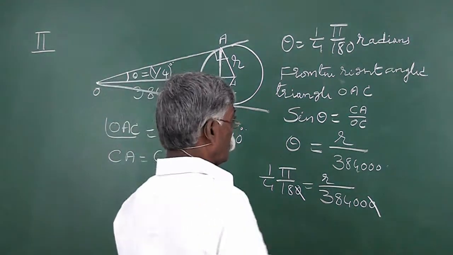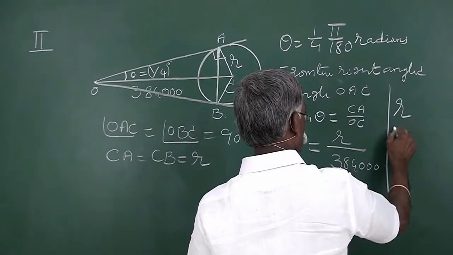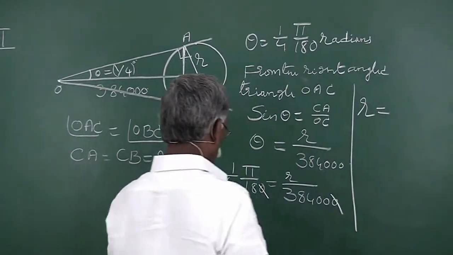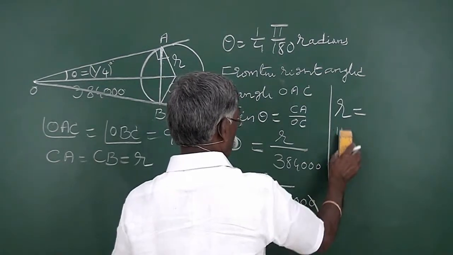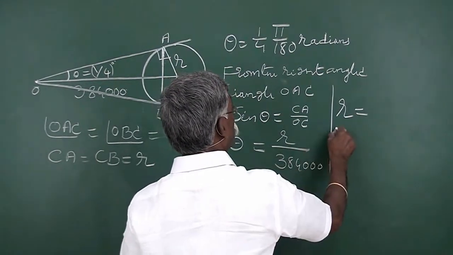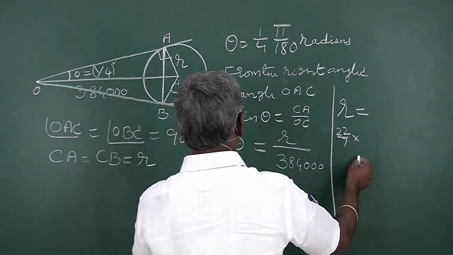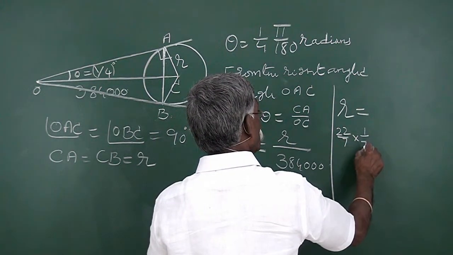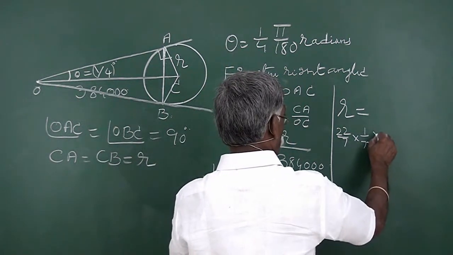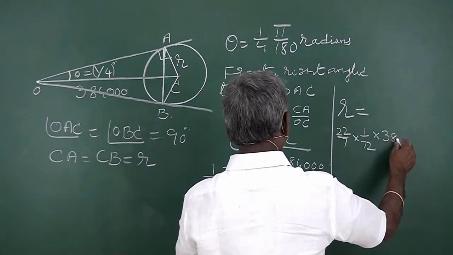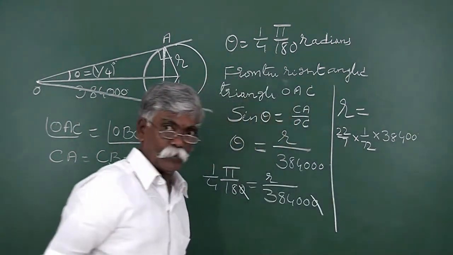Now therefore R is equal to, this is pi, we can write it as 22 by 7 into this is 1 by 72, and this comes on this side into 384,000.